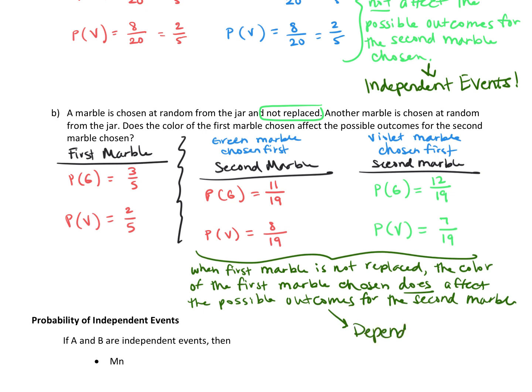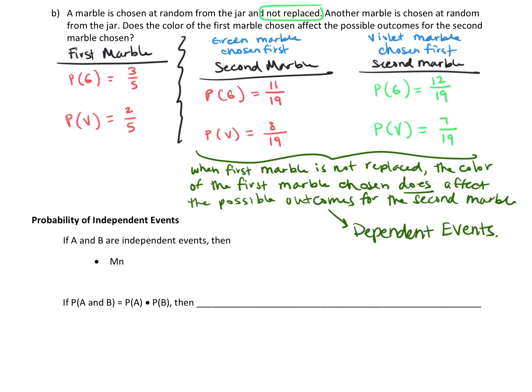These are what we call not independent events, or you call them dependent events. The probability of the second marble chosen depended on what happened with the first marble being chosen because that marble was not replaced.